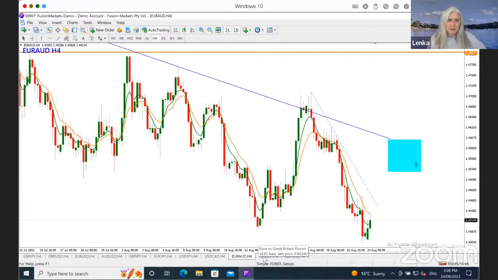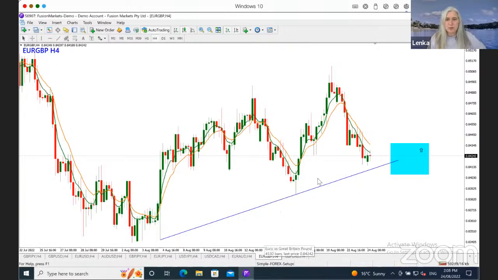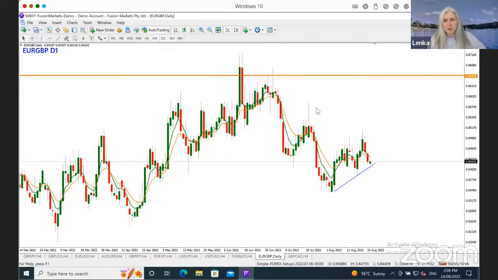The next currency pair I'm looking at is EUR GBP, and I'm now looking for a long opportunity. So on the daily, we've had that trend going down for quite some time. We do have a little bit of a short-term uptrend.